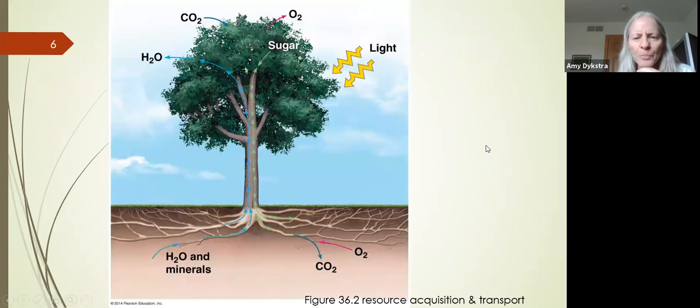And so we've got this picture in your book that illustrates how a plant gets the things that it needs. You see down here in the roots, the water and the minerals are going to be absorbed, and they're going to be carried up through the plant to the leaves, where a lot of the water is just going to evaporate out through the stomata in a process that we call transpiration.